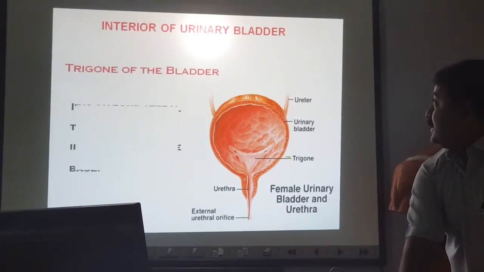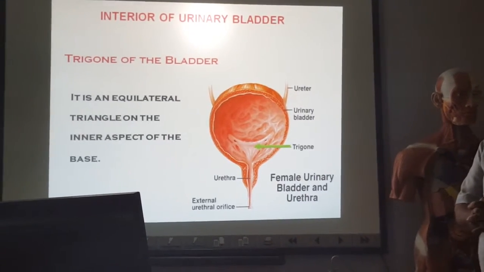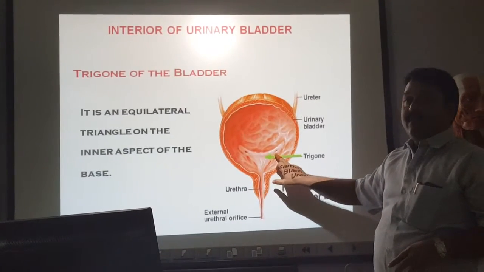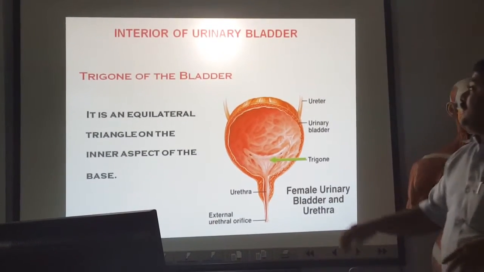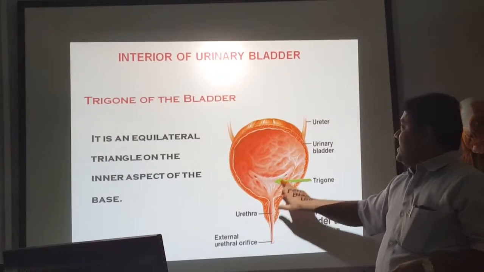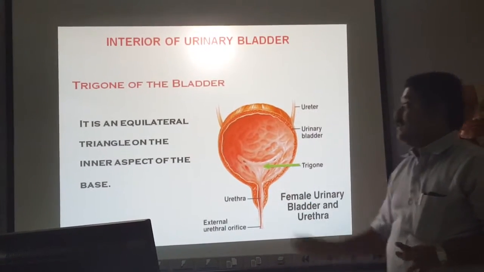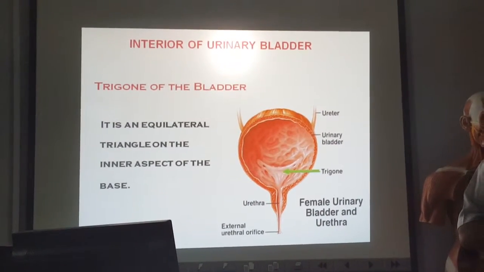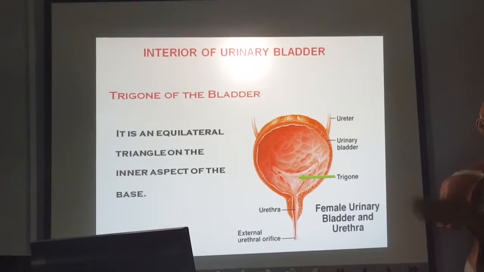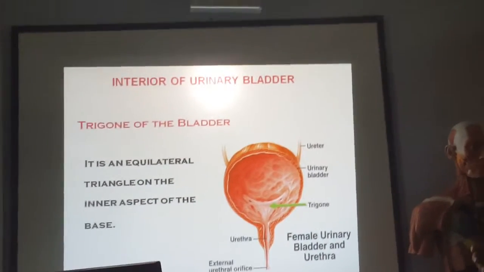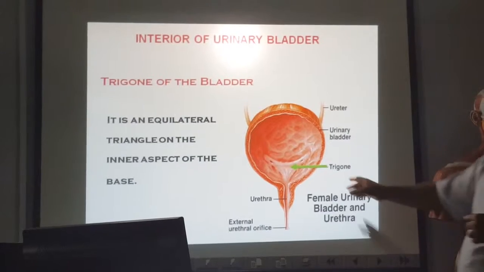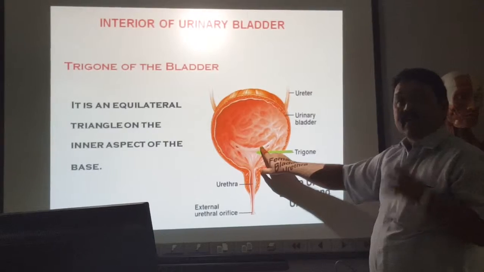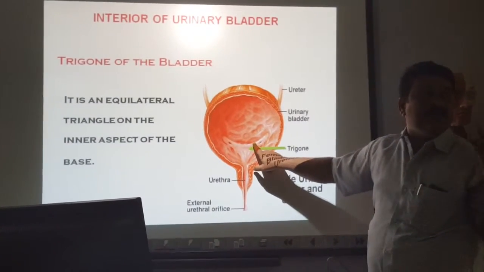Next is about the interior of the urinary bladder. Inside you will find a triangular shaped area with a smooth surface. This we call the trigone of the bladder. It is an equilateral triangle on the inner aspect of the base of the urinary bladder.